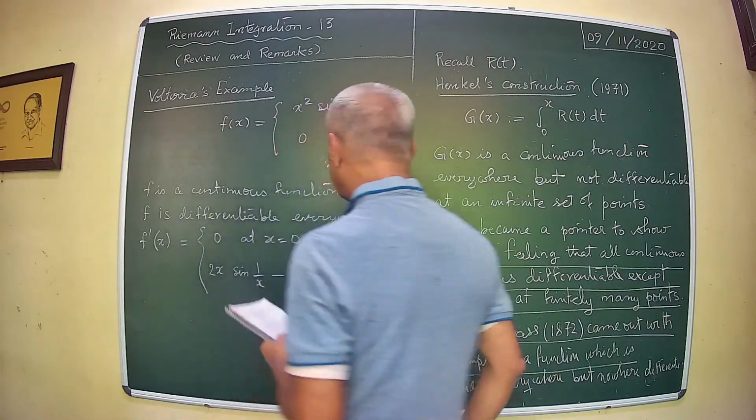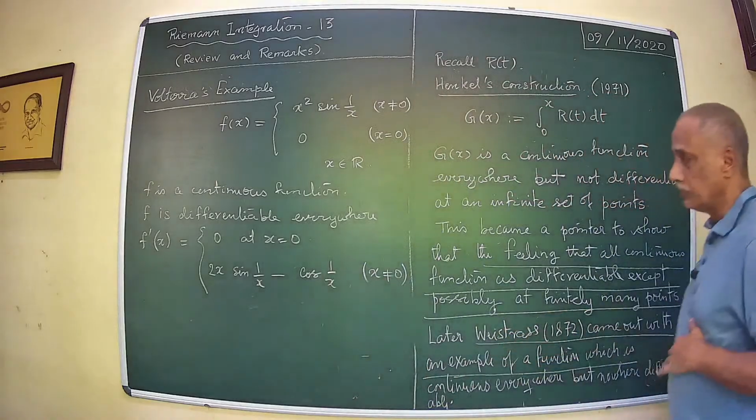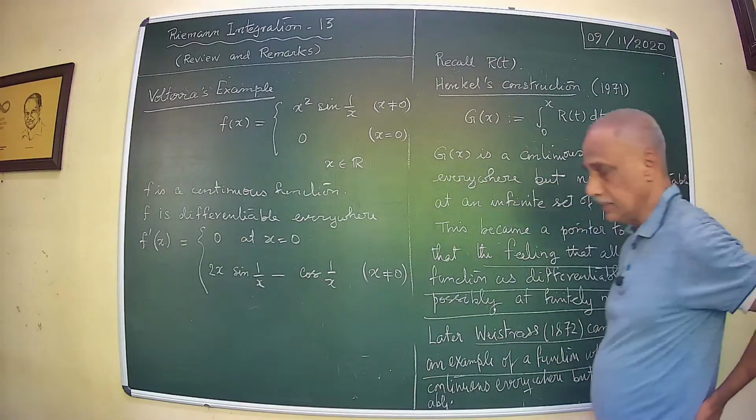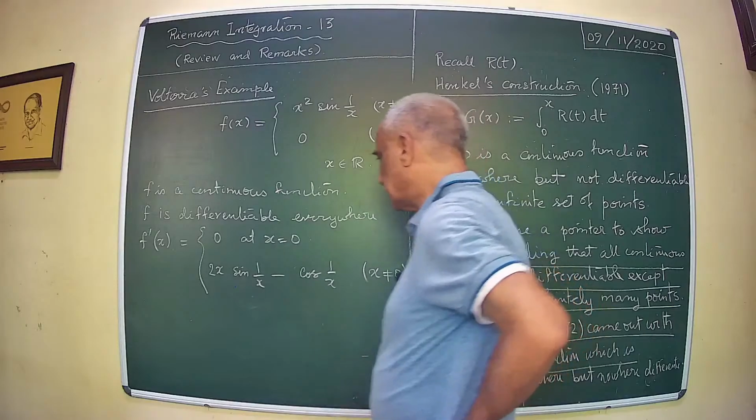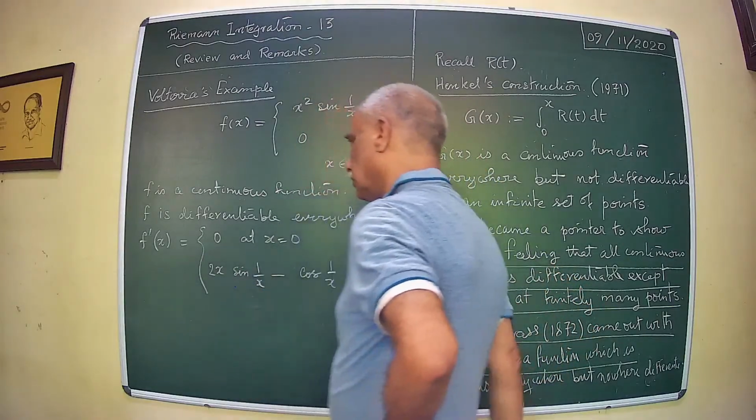So there is certainly a problem for this function at x equal to 0; in the limit when x tends to 0, this function has a problem.